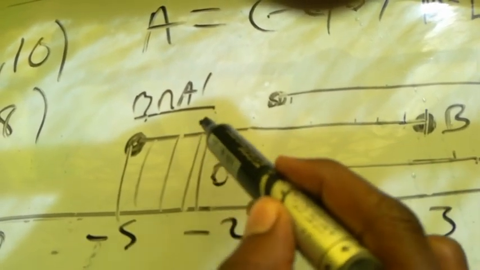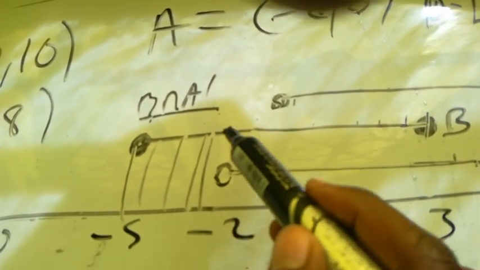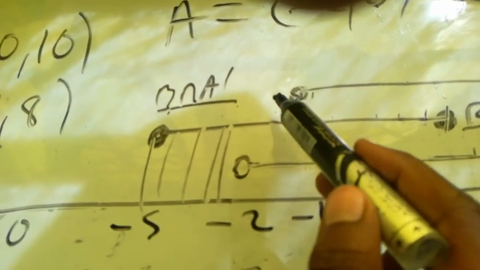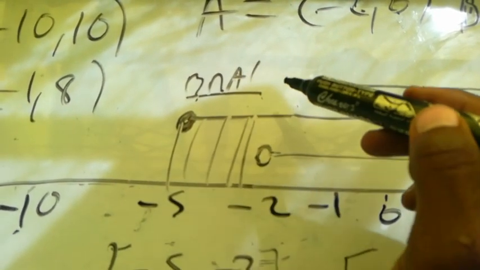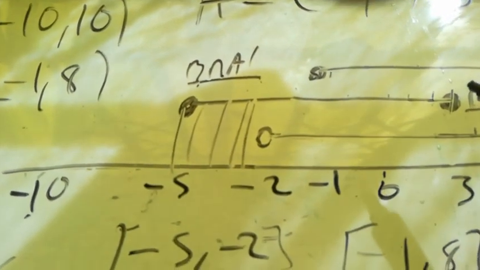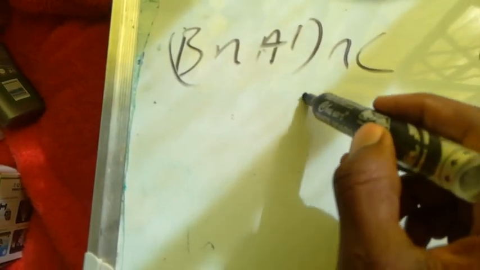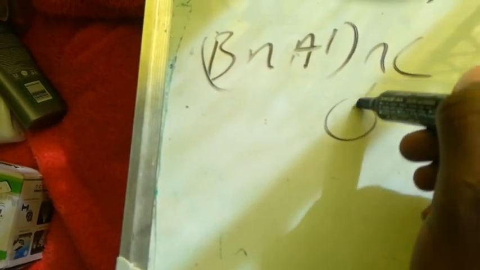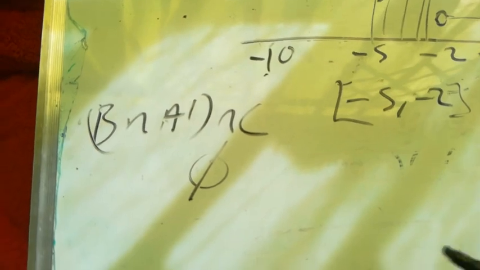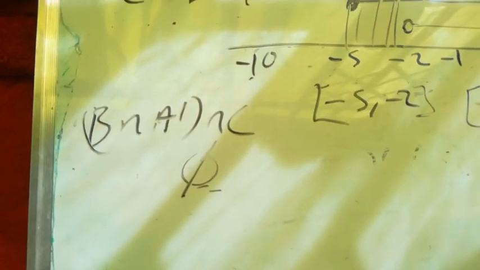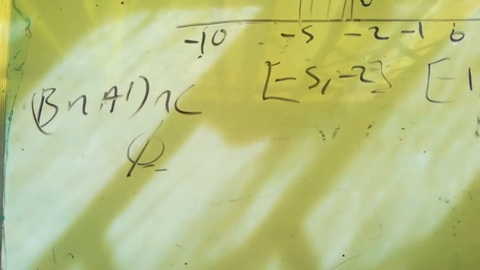Notice that they don't have anything in common because they won't meet anywhere. Thus we're going to have an empty set because you can't shade where these two meet. You get, right? So our B intersection A complement intersection C is an empty set. So how do you plot an empty set on a number line? That's nothing, so you can leave it here. So by this you would have defined the values and also plotted on the number line.